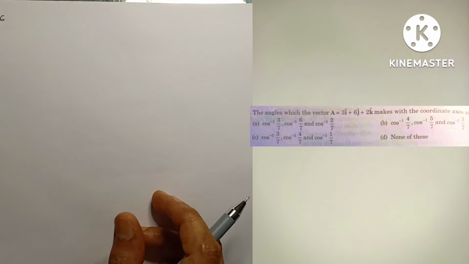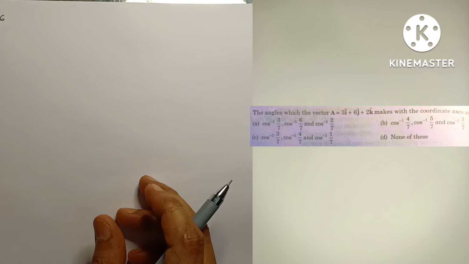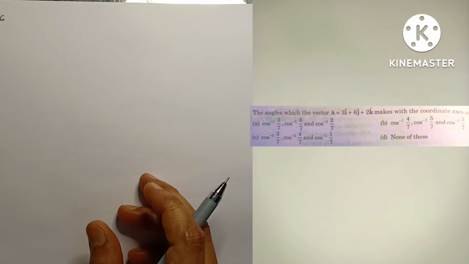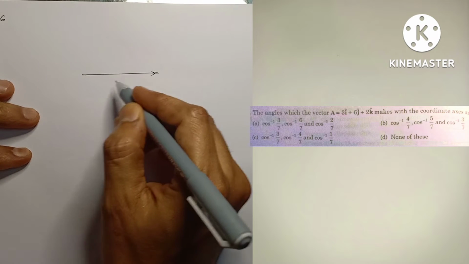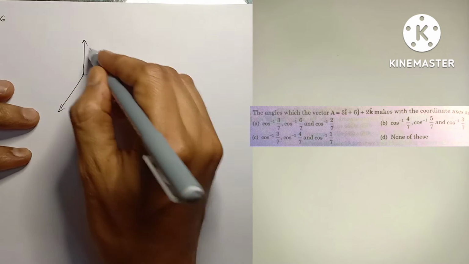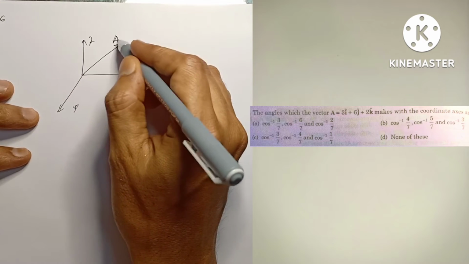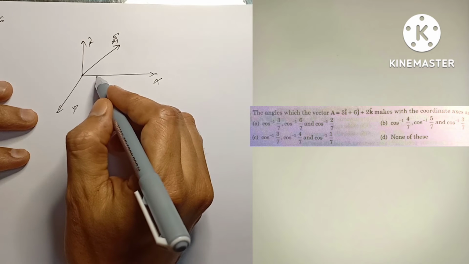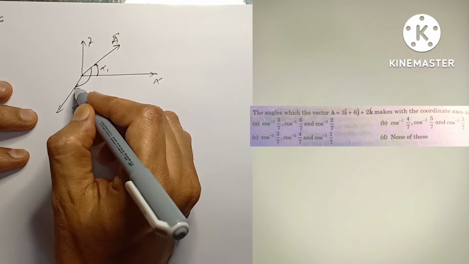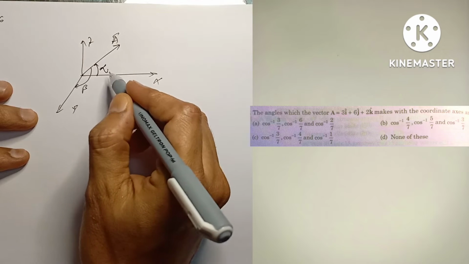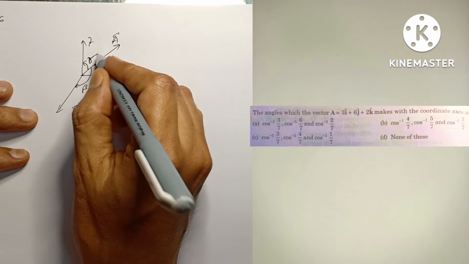Now in the next problem, the angles which the vector a, 3i cap plus 6j cap plus 2k cap, makes with the coordinate axis are. That means the coordinate axis x, y and z. Suppose this is the a vector. So the angle it makes with the x-axis is alpha, with the y-axis beta, and with the z-axis gamma.